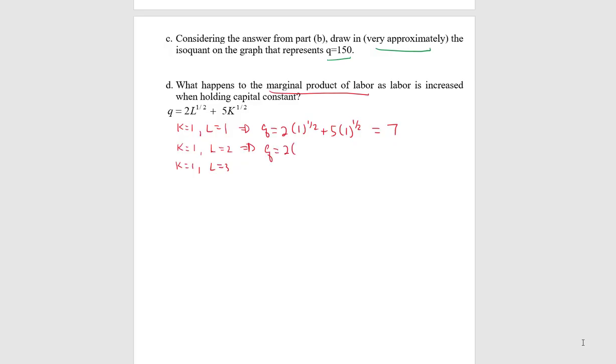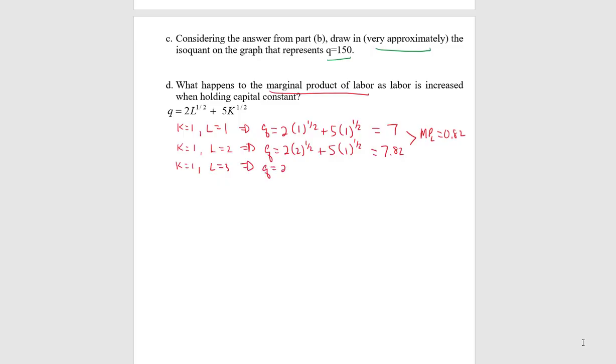So Q equals 2 times the square root of 2 plus 5 times the square root of 1. That part's going to stay the same all the way down. And if I do a little bit of math here, I'm going to get 7.82. So my marginal product between those 2 points is 0.82. When I hire that additional unit of labor, I get 0.82 more units of output.